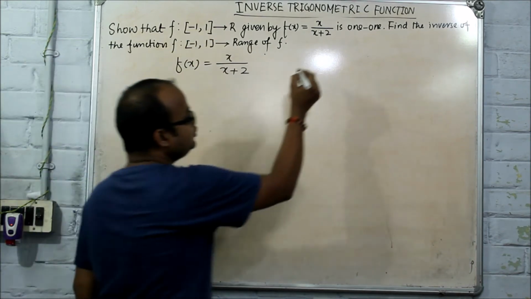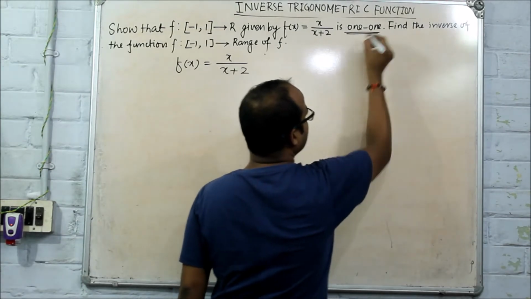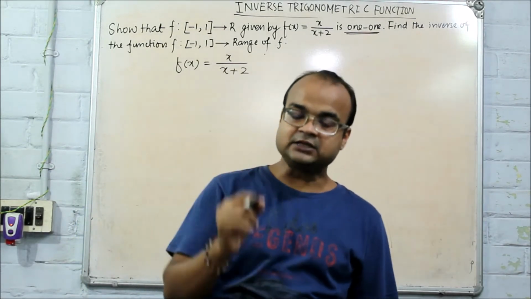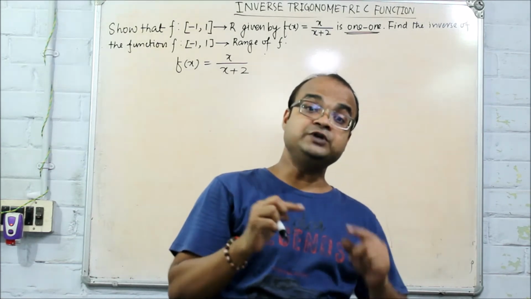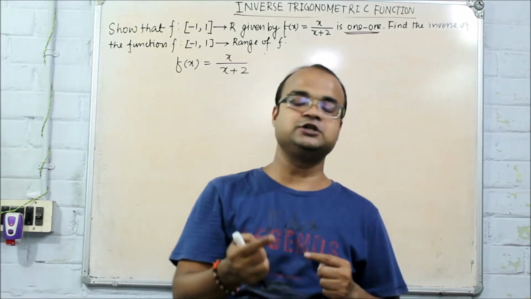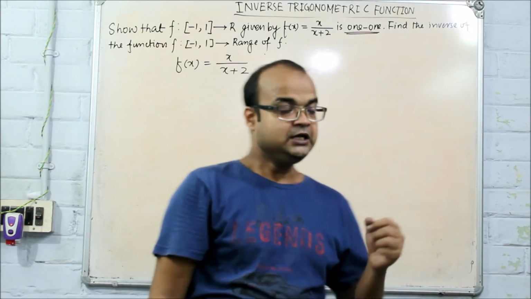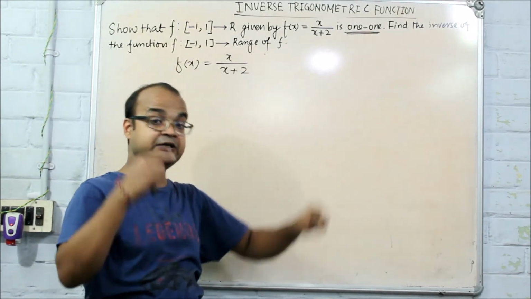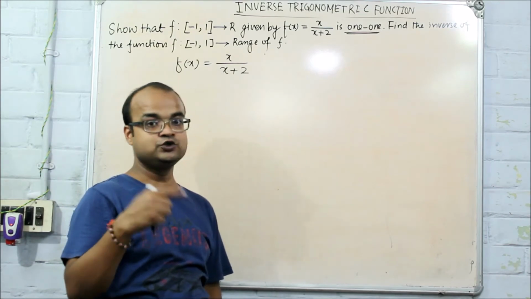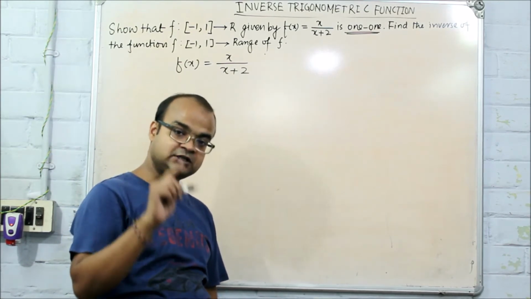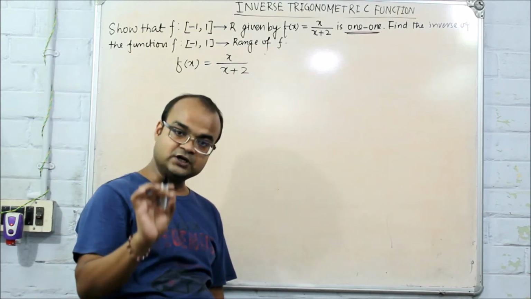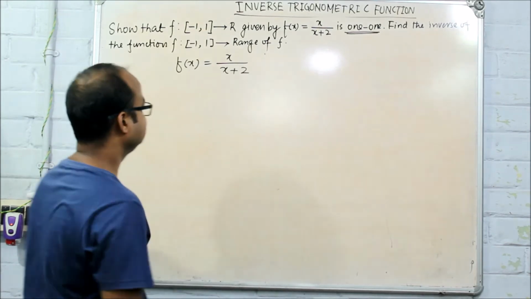Now, to prove one-one, we apply the method of contradiction. In the method of contradiction, we consider the opposite one as true. So, if we need to prove it is one-one, and if it is not one-one, it should be many-one. So, in the method of contradiction, we assume that the function is many-one.